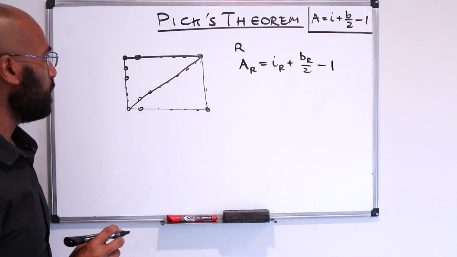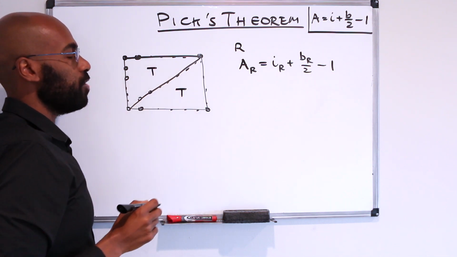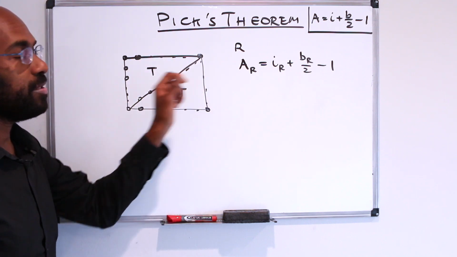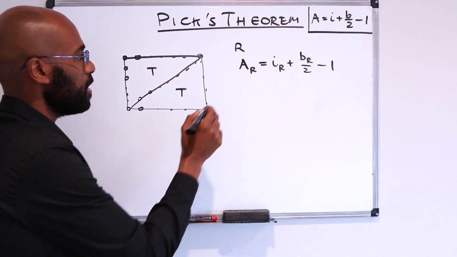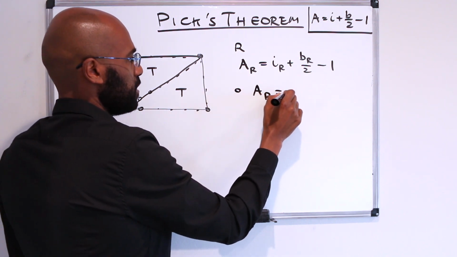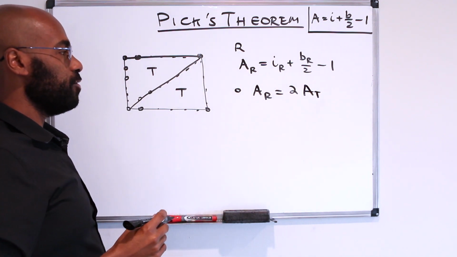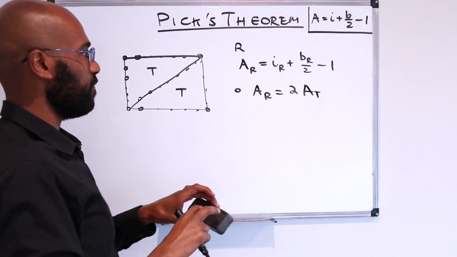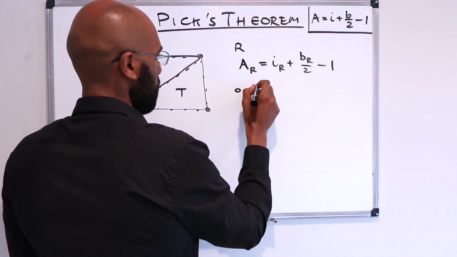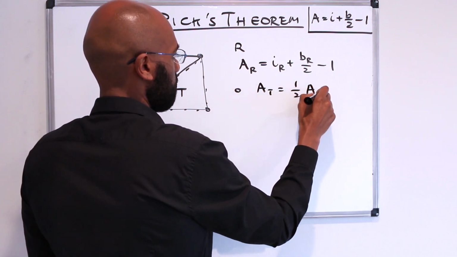All right, so let's call this triangle T, and then look at relationships between the different statistics for T and the statistics for R. So first of all, we have that the area of R is twice the area of T, right? Now, it would be beneficial to write this in terms of R itself because we have the formula for R. So we'll rewrite this as the area of T is 1/2 the area of R.